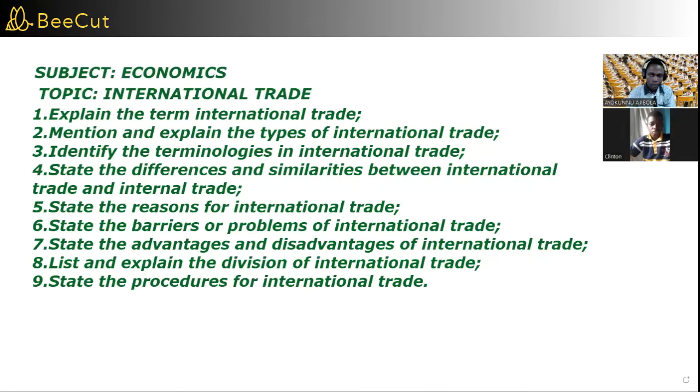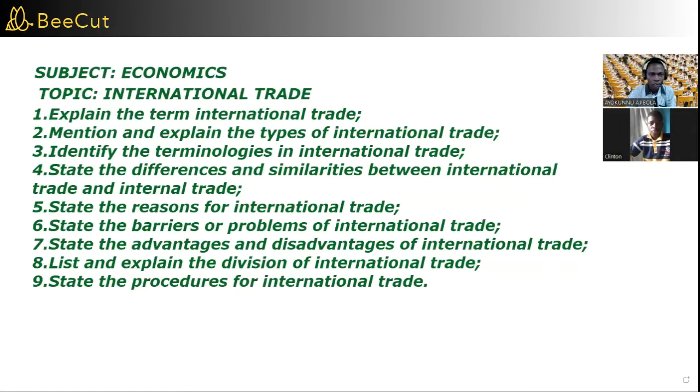Before we go on, let's know the meaning of trade itself. When somebody asks what is your uncle's or auntie's occupation, they will say, oh, he's into trading.